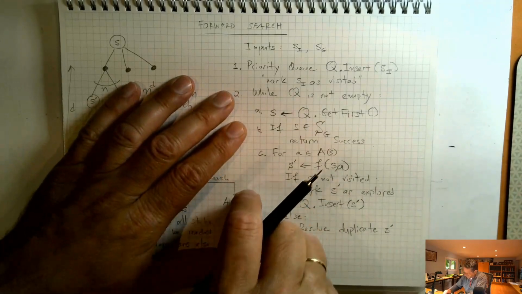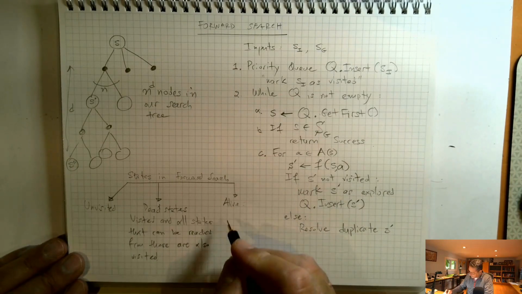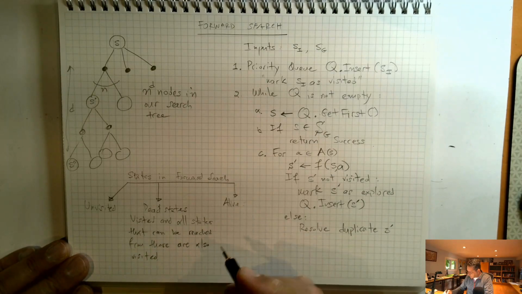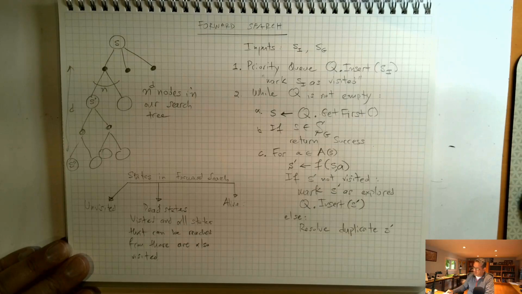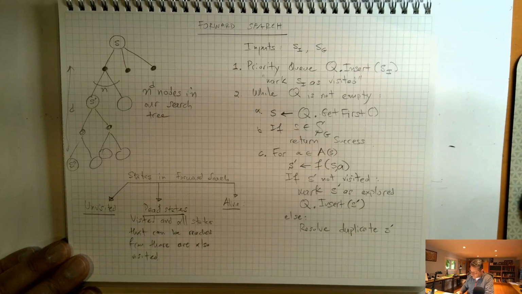Alive states are the states that we have potentially encountered. We have visited them, but there are states reachable from them that we have not visited. Therefore, we keep them in this list because we would like to do something with those nodes, which is why we call them alive.